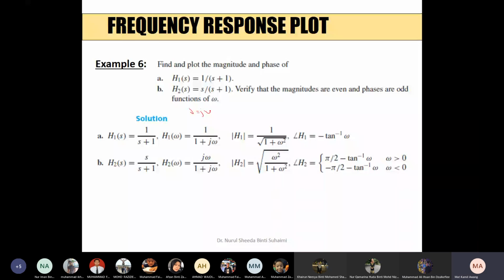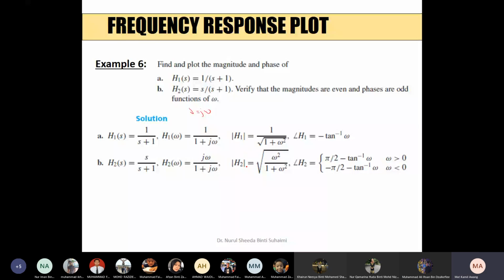And from the formula you can find the magnitude. For the second one, H2 of S equal to S over S plus 1. Therefore, H2 of j omega is equal to j omega over 1 plus j omega, because you just substitute S with j omega.